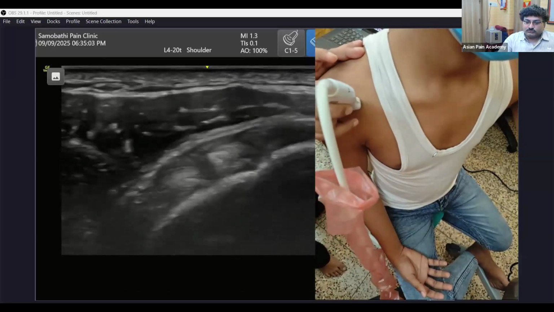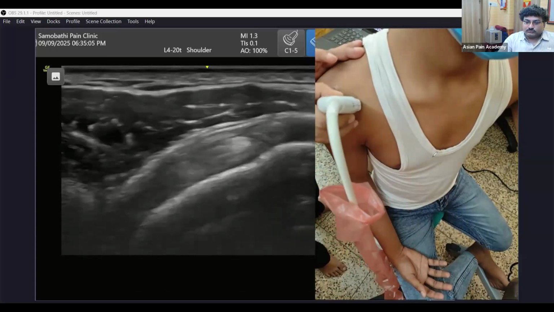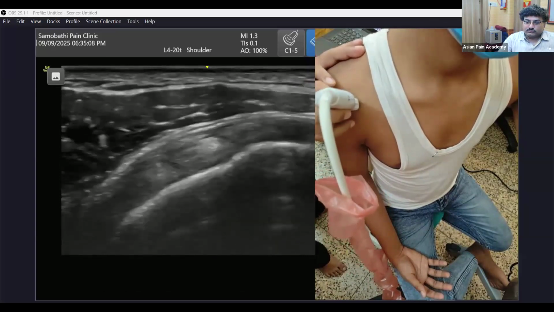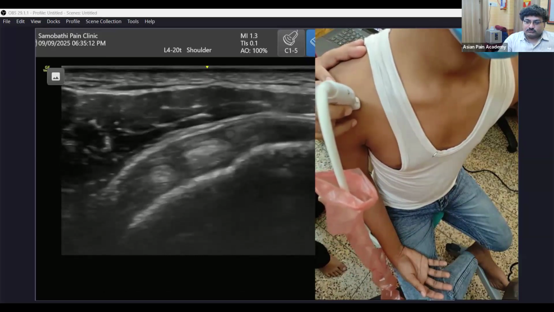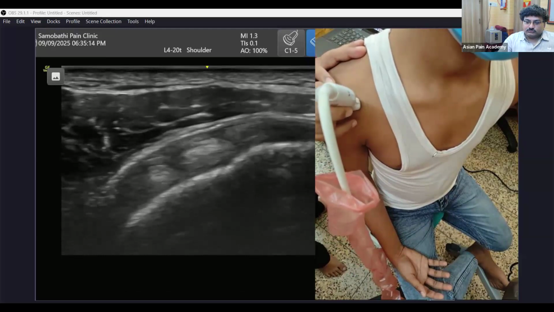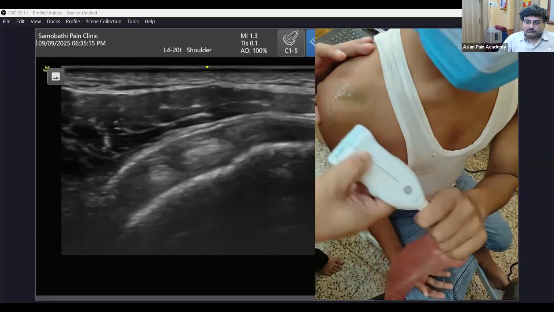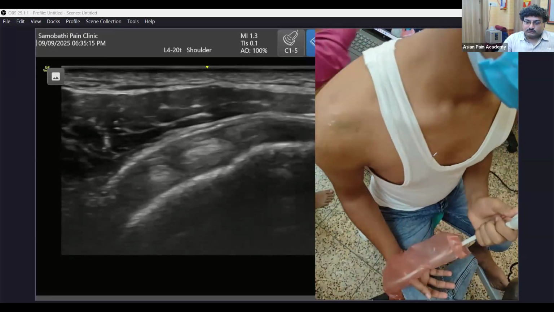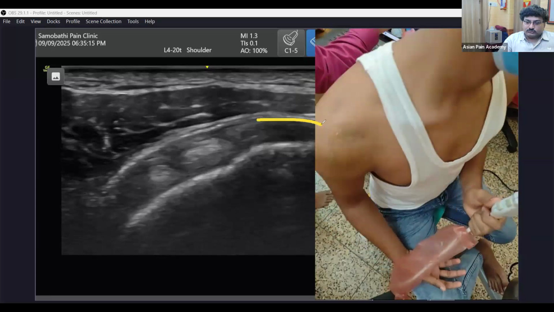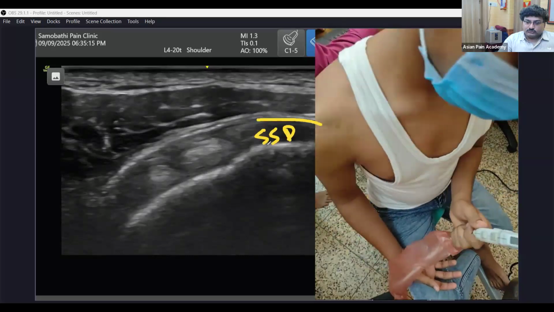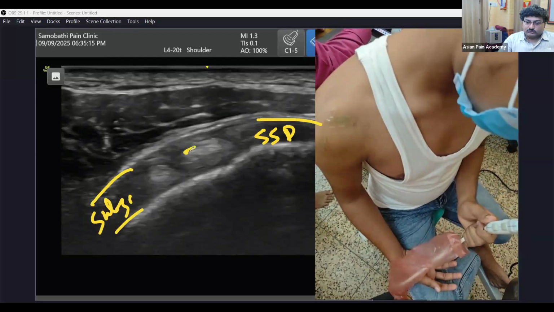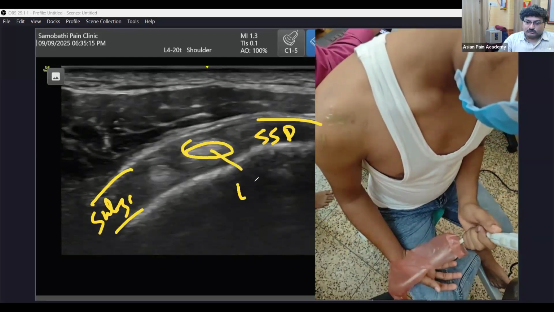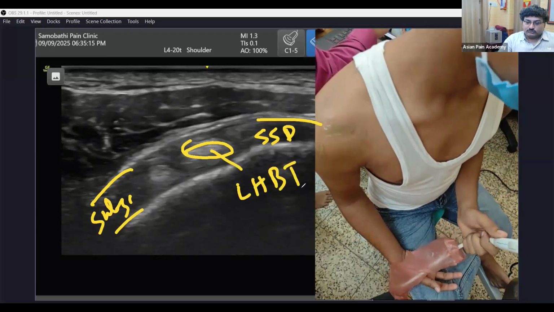Here I am seeing only a limited area. Okay, just freeze. In this area, remember, this lateral side is supraspinatus, this medial side is subscap, and here is the long head of biceps tendon.